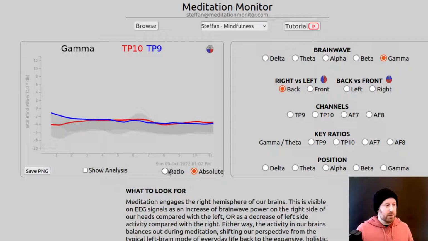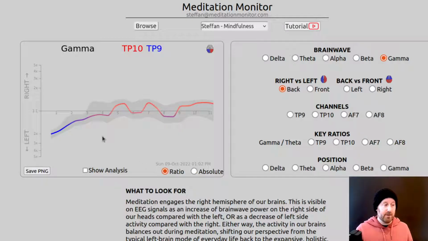So the ratio shows you the comparison between gamma on TP10 and TP9. Absolute shows you the actual volume, you could say, of this particular gamma note. Blue, TP9, is going down, which is why the ratio is actually going up.